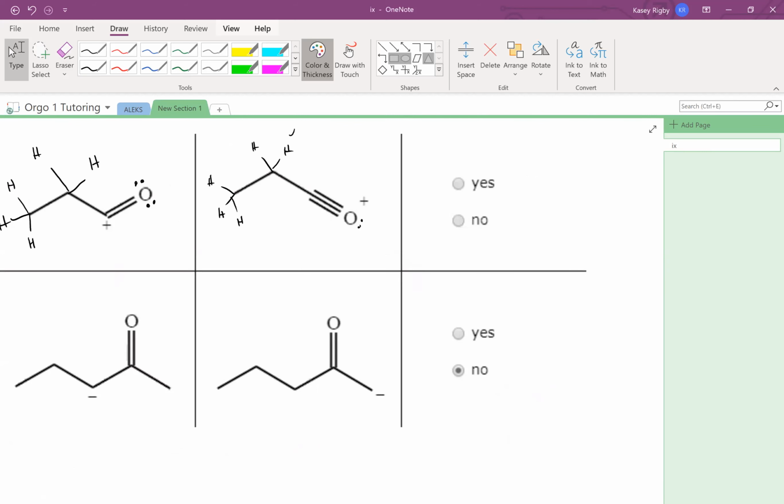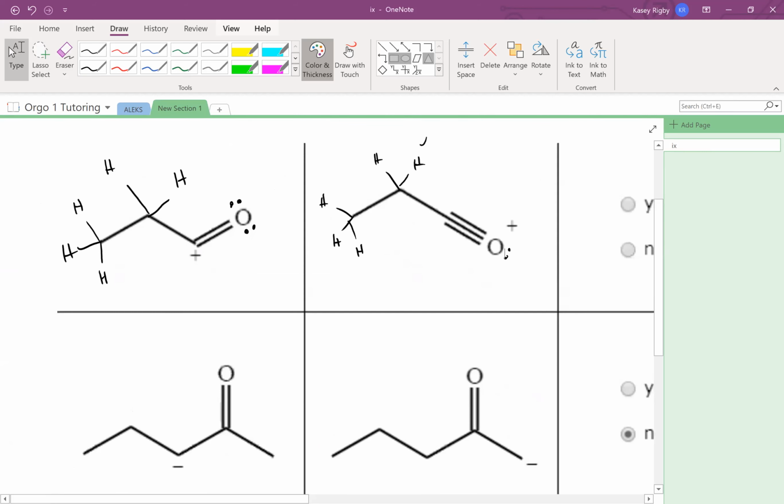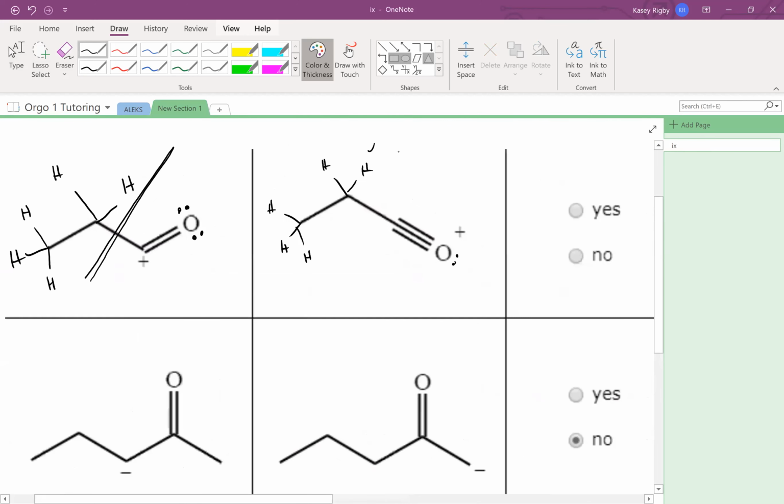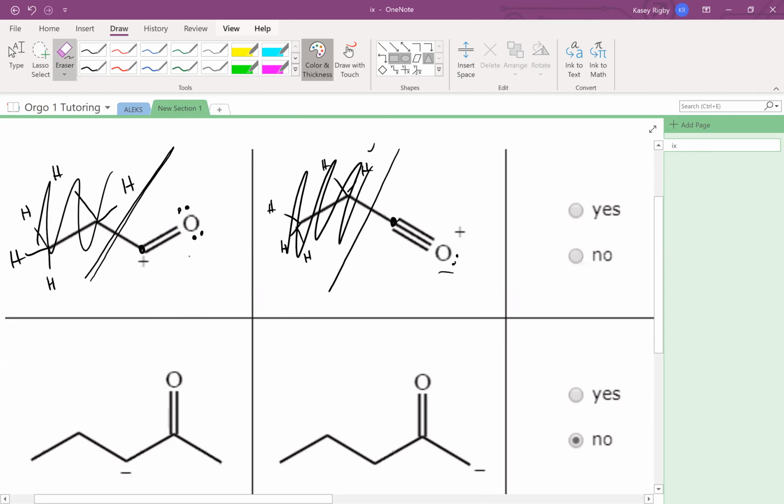So what we're going to do here is ignore everything that does not change. We're just going to focus on this carbon and this oxygen. Okay? What we see here is we go from 2 lone pairs and 1 double bond to 1 triple bond and 1 lone pair.